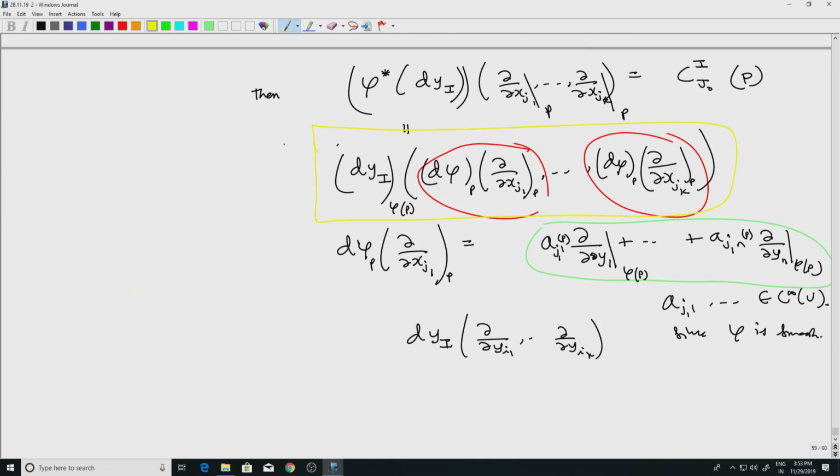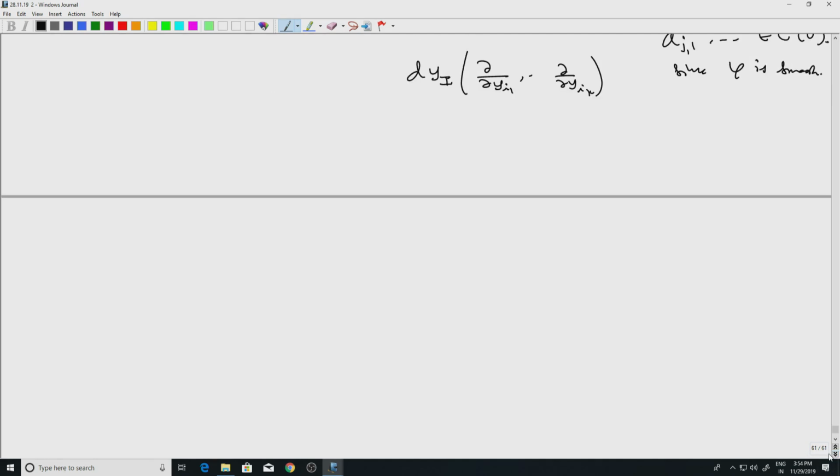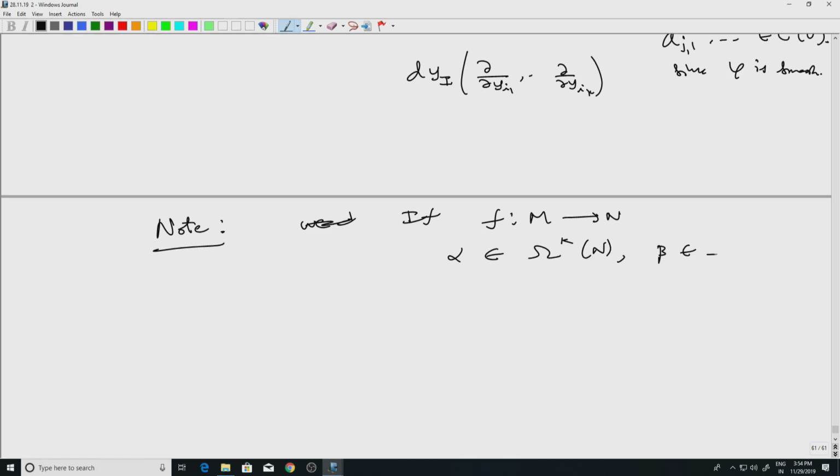Now, regarding pullbacks, we also note that if f from M to N, alpha belongs to Omega^k(N), beta belongs to Omega^l(N), then f star of alpha wedge beta is f star alpha wedge f star beta.